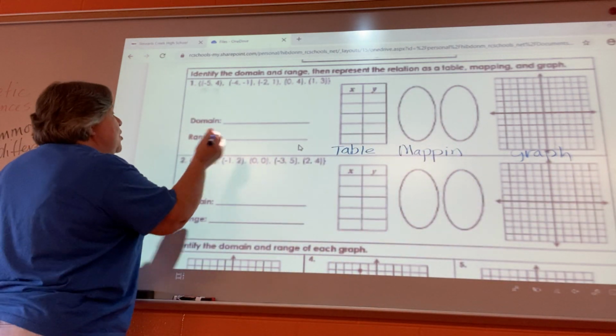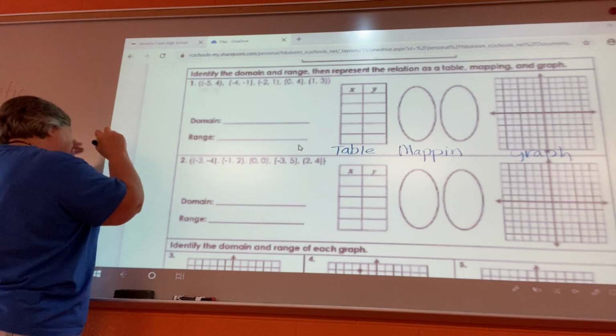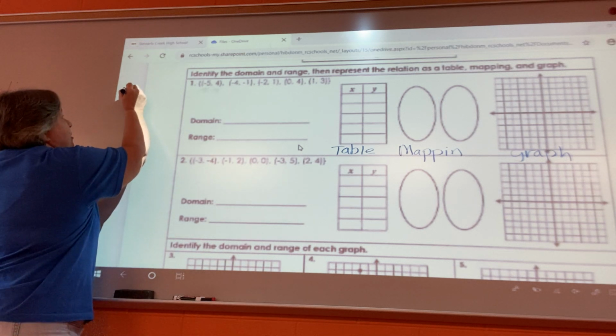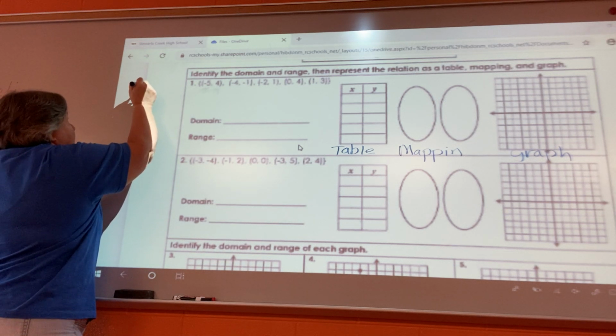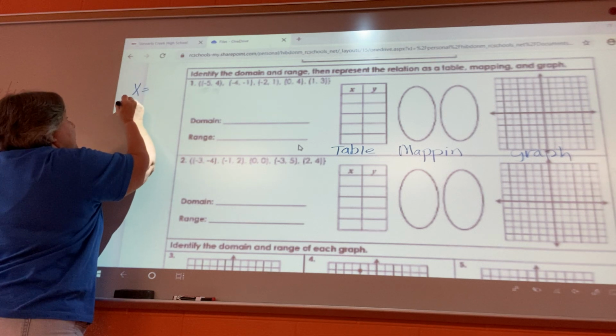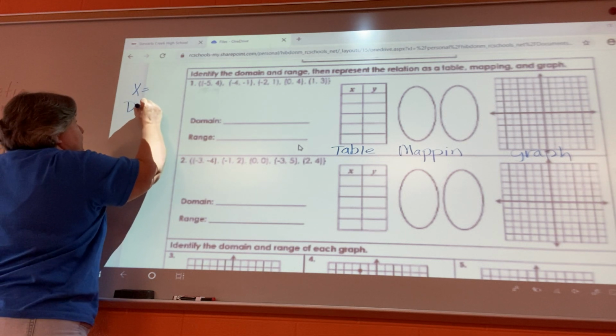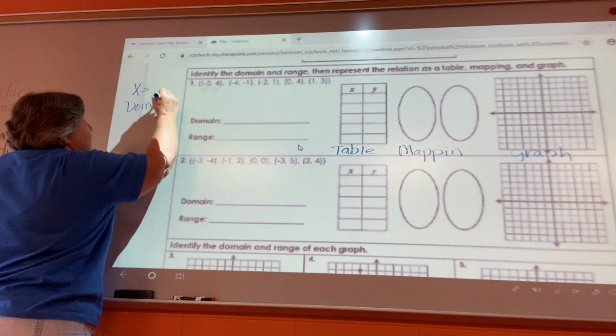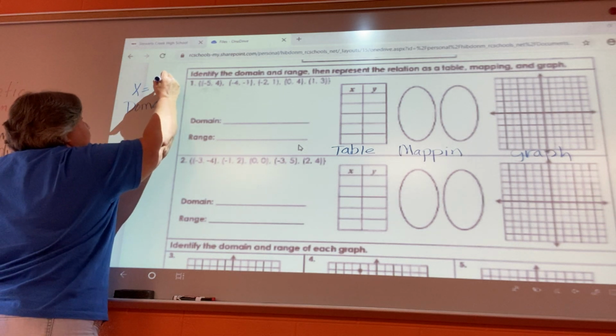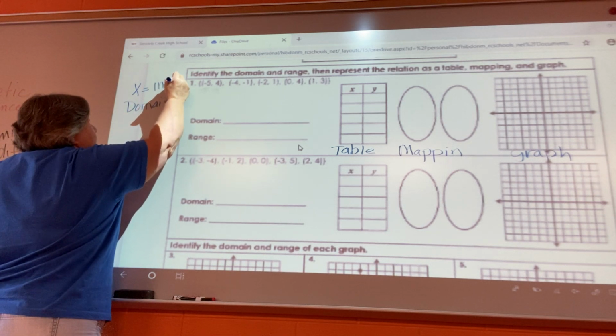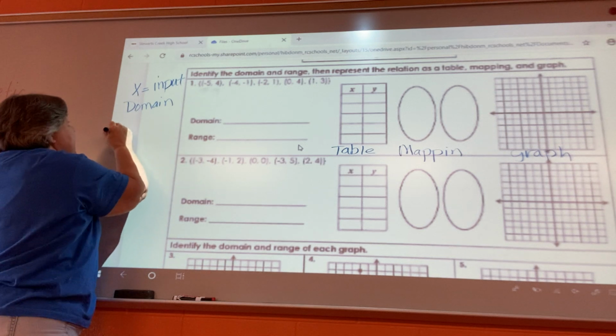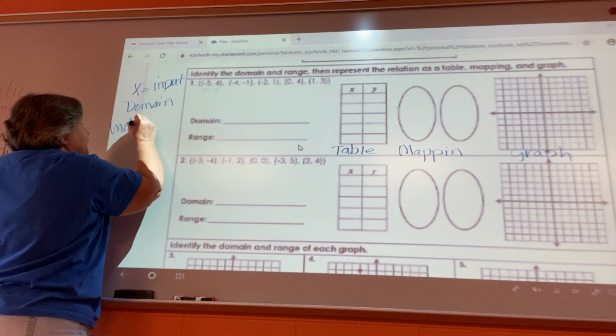So it asks for the domain and the range. Well, on everything we've had so far, X equals the domain, the input, and the independent variable.